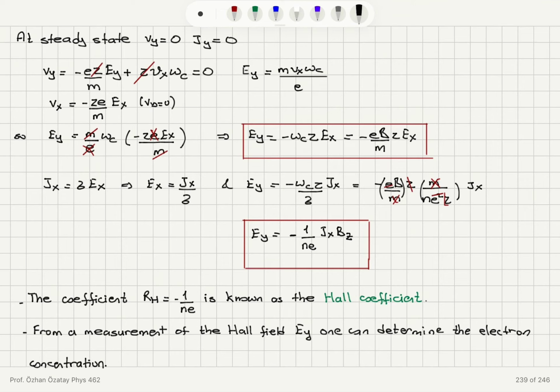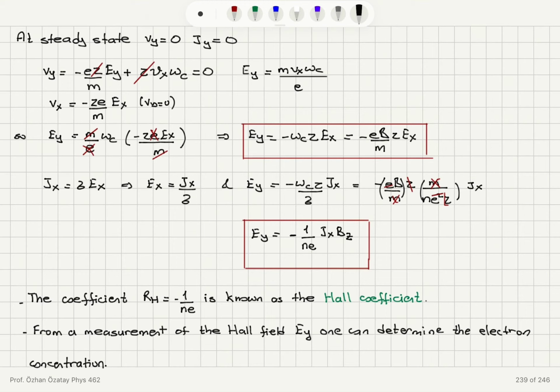And therefore we can find this Hall field that develops in the wire: m Vx omega c over e, as m omega c over e times Vx, which is minus tau Ex over m. The m's will cancel, the electron charges will cancel, and we will find the Hall field to be minus omega c tau Ex, which is minus eB over m, the cyclotron frequency, tau Ex.